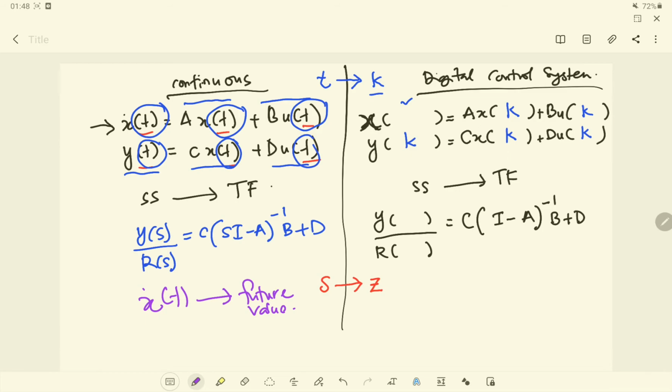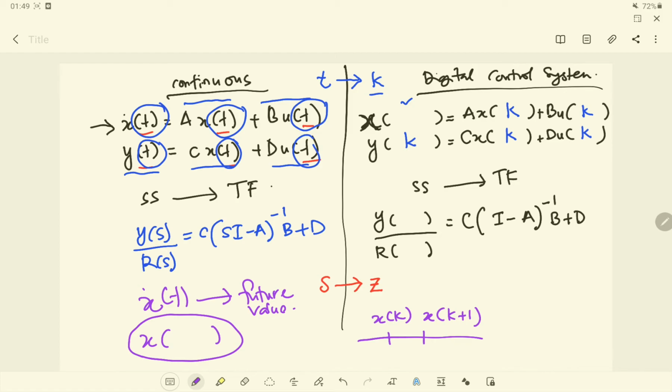So how do you convert x bracket to the future value without the x dot? x dot t is a future value. In order to make this variable a future value as well, the current value is xk, so the future value will be xk plus 1.